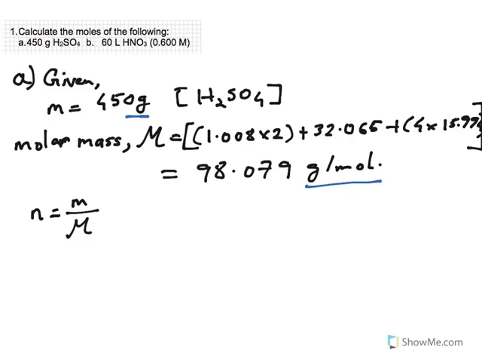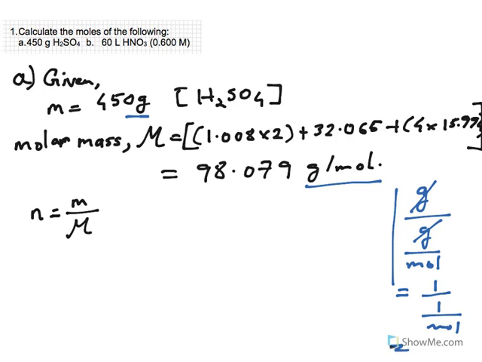So if we divide mass by grams per mole, we will have moles: grams divided by grams per mole, the grams cancel out, which is 1 over mole, which is the same as mole.